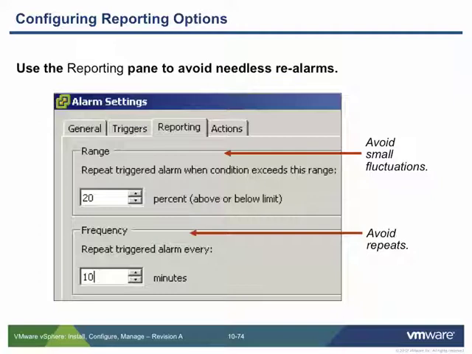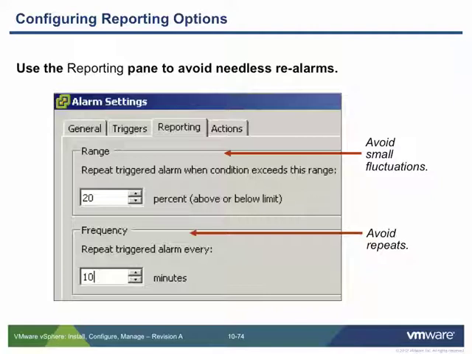You can set up different reporting options here, and this avoids hysteresis or small changes, and you can also avoid repetition. If we look at this particular example, the idea is when do you want to repeat an alarm rather than just keep sending the alarm over and over again. You can have it send a second alarm only if the condition or the state gets worse.